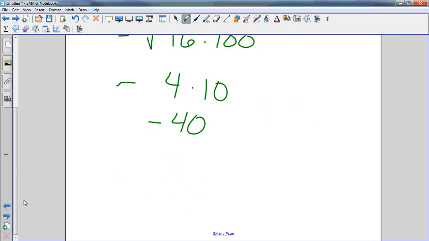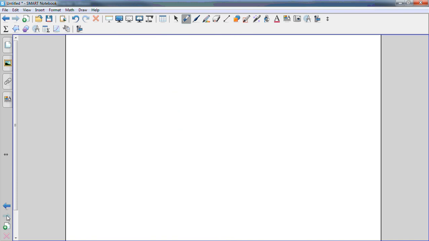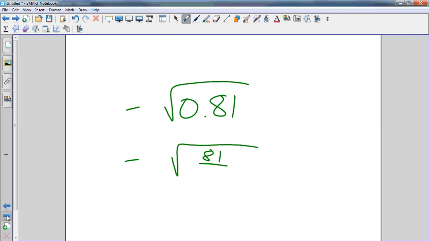Okay, try another one. What about this one? We've done this one before, see if you can figure it out. I remember seeing it. You find the square root of both. Very good, yes. We remembered. We're going to take this fraction, and we have 81 over 100.